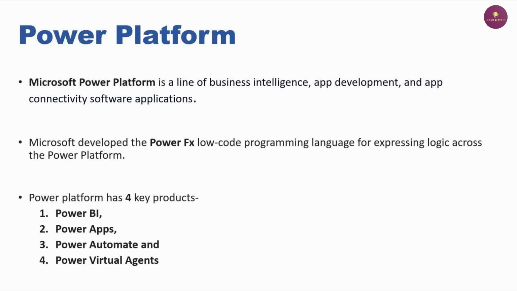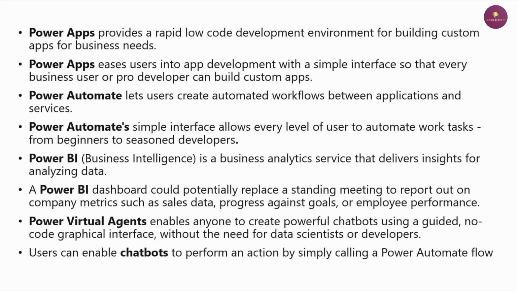Whenever we are talking about Power Platform, four key products come into the picture: Power BI, Power Apps, Power Automate, and Power Virtual Agents. What is Power Apps? What is Power BI? What is Power Automate? And what is Power Virtual Agents? Power Apps is a SaaS-based rapid development application.